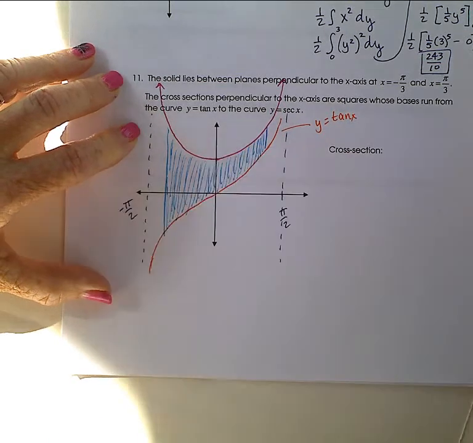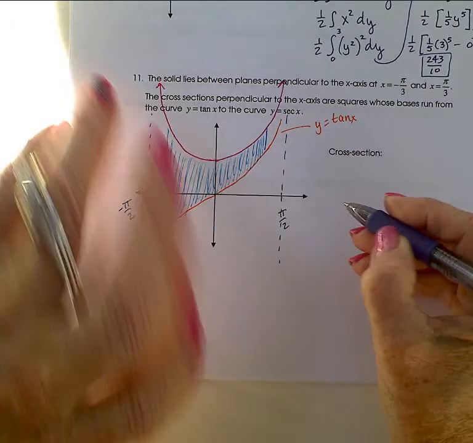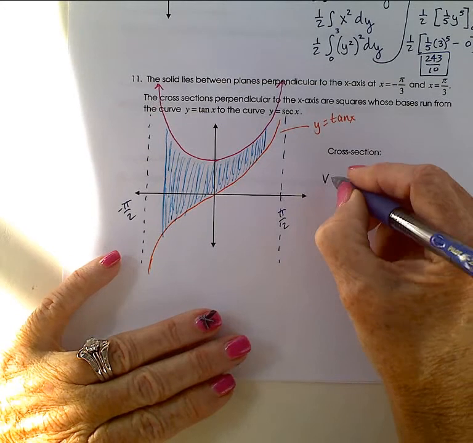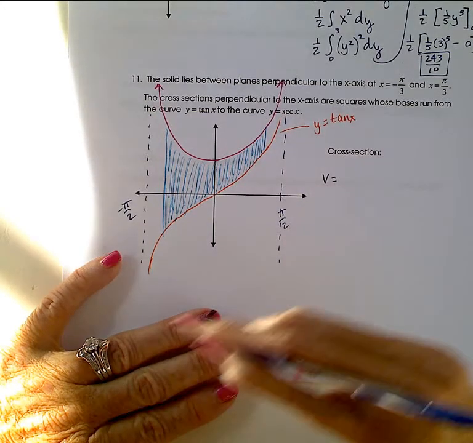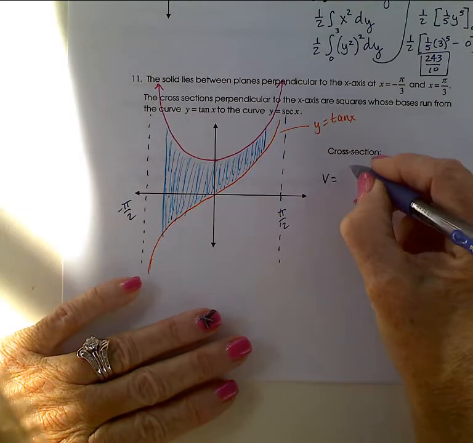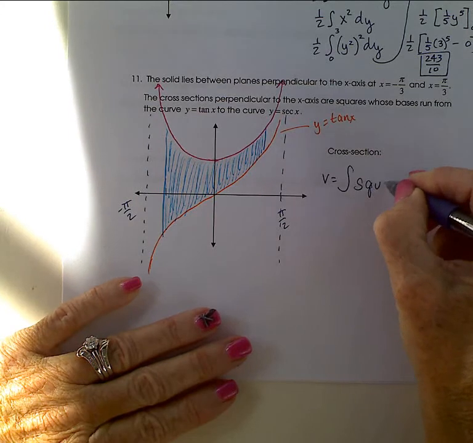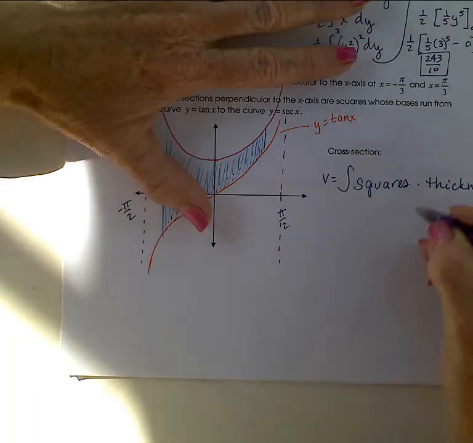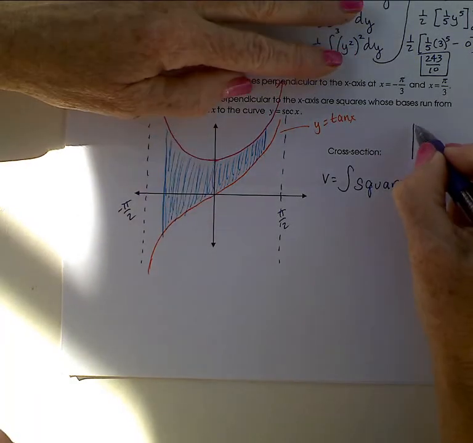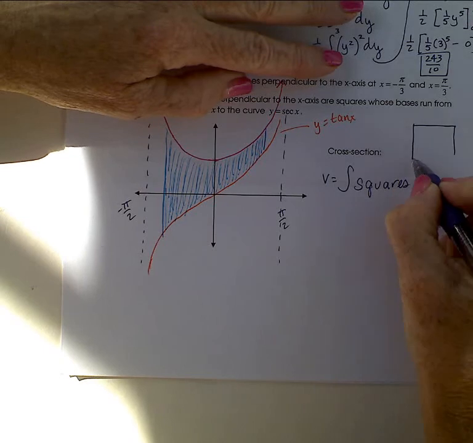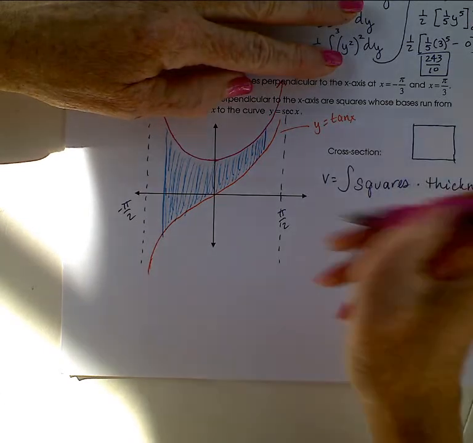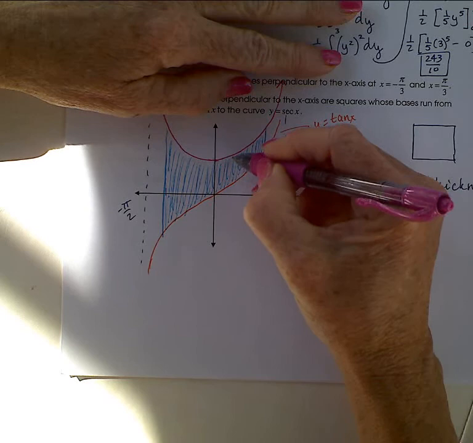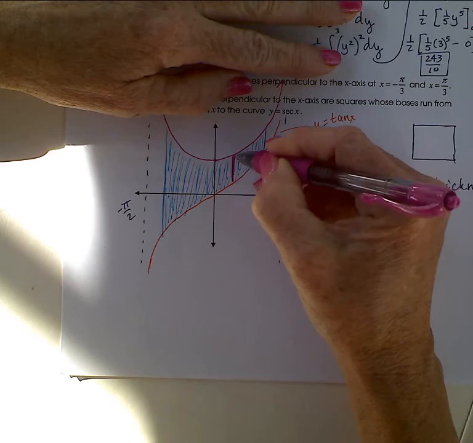Alright, so to find volume, we are going to add up a bunch of squares times thickness. There's your cross section.